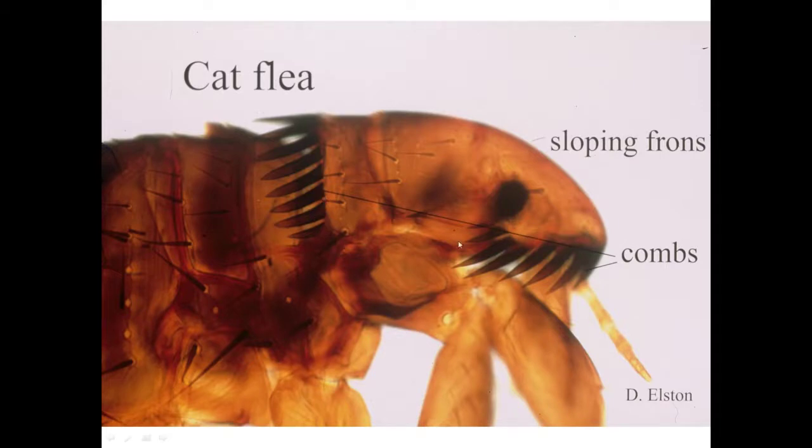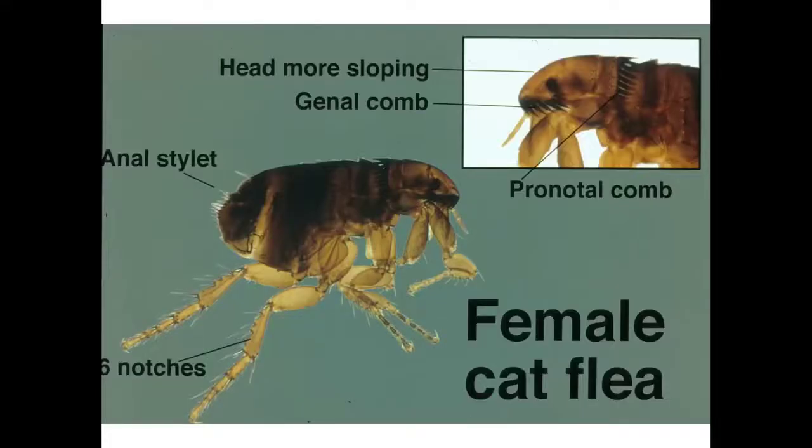It's a combed flea, so it has the combs, genital and pronotal combs. And again, cat versus dog, you count notches and the sloping of the head, but no one cares about that part. Important because they are vectors of disease.